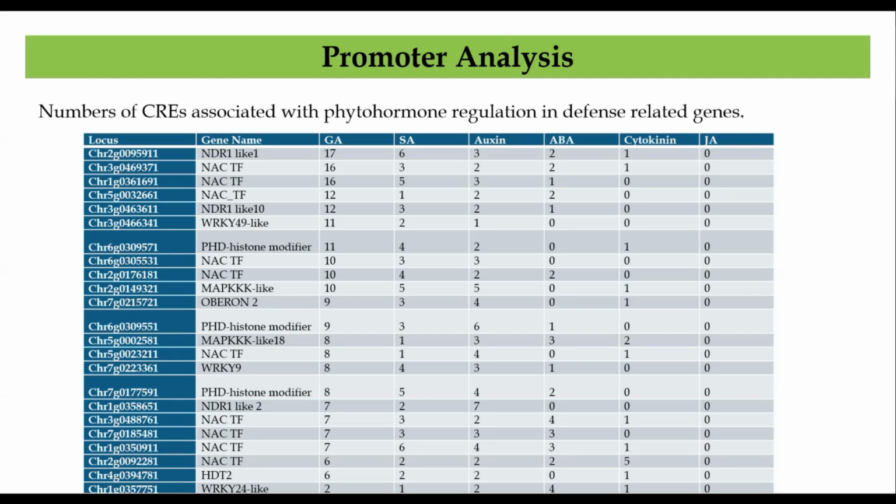As you saw before from our lab, from the previous study, the majority of those genes are actually controlled by gibberellic acid. Not surprisingly, we also see in these differential genes that the majority of the cis-regulatory elements are controlled by gibberellic acid. We see some of them as auxin, but when you go up here, surprisingly, we see that none of them actually regulate GA.